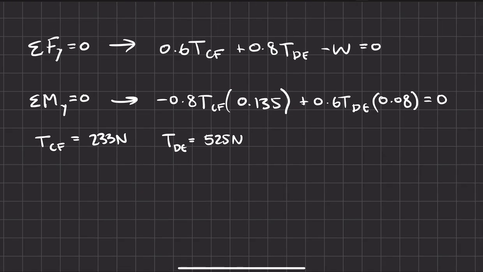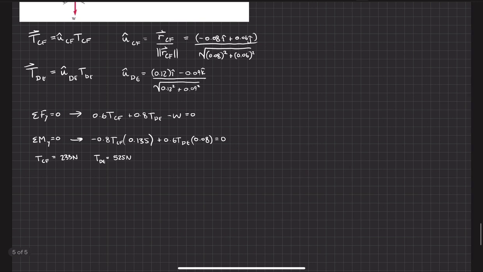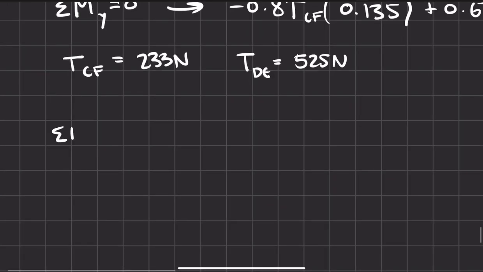Now, we can also solve for Az and Ax by taking the sum of forces in x equal to 0 and the sum of forces in z equal to 0.